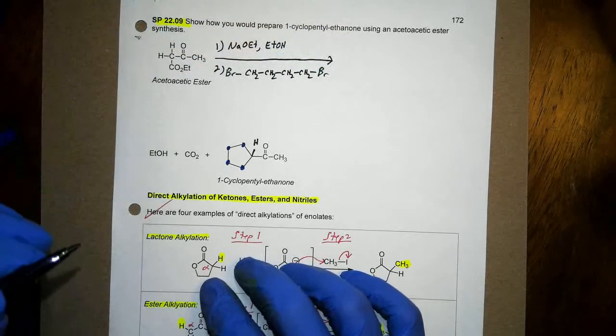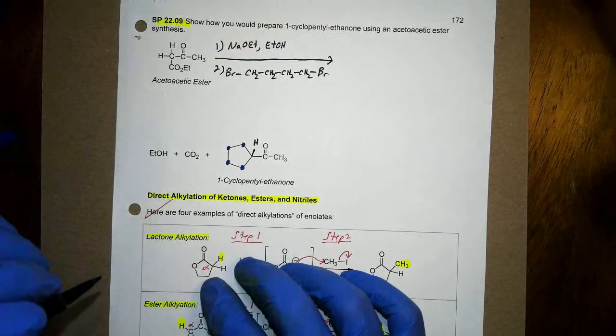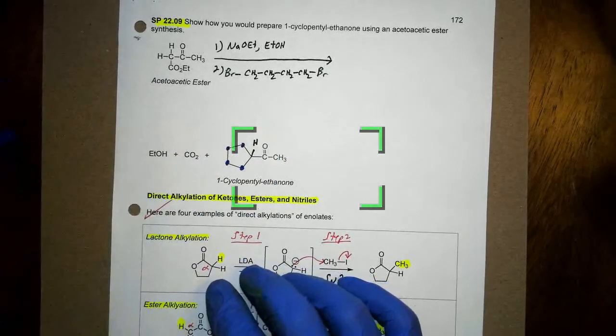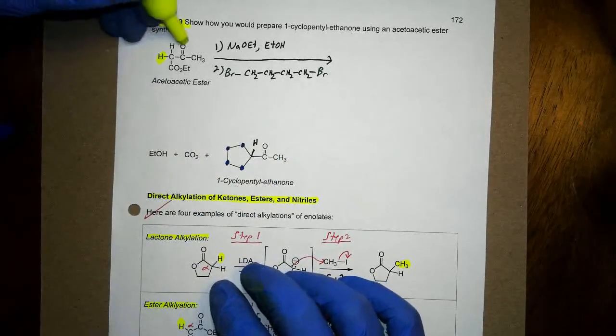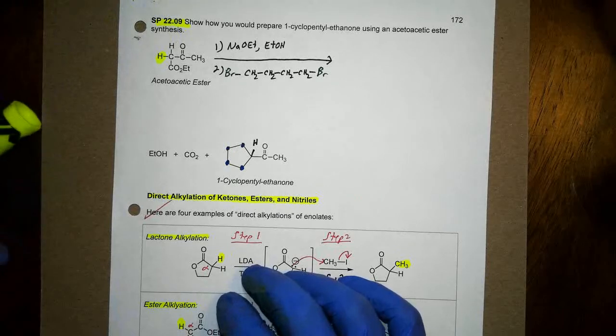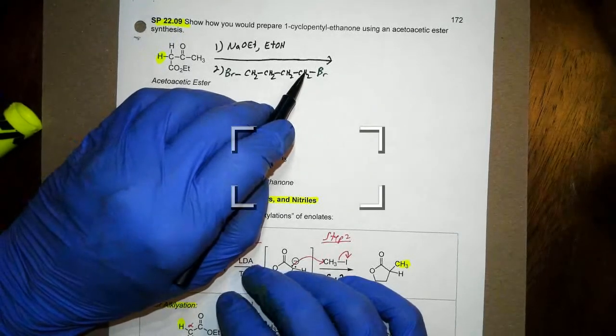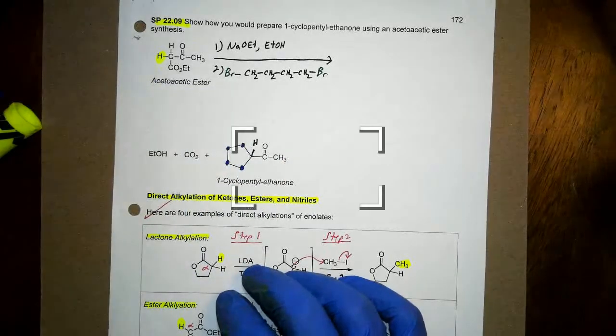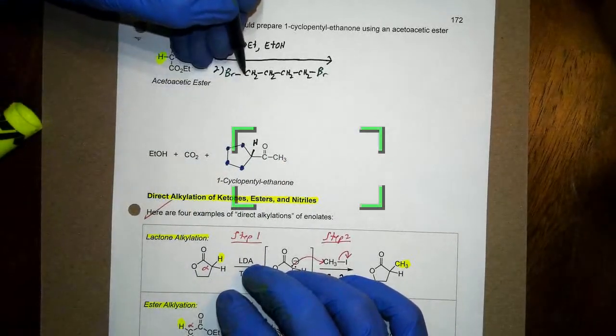Now, what's going to happen? Well, notice this is symmetrical. We're going to do an SN2 reaction, and we're going to replace one of these 2 hydrogens on the alpha carbon, just like before, with this group, with one of them. Now, this is symmetrical, so it doesn't matter which end we attack. So the nucleophile can attack here or here.